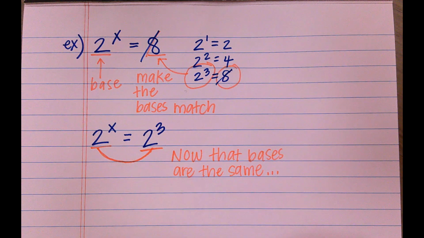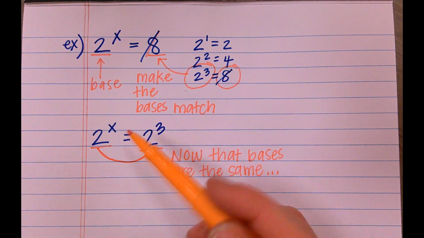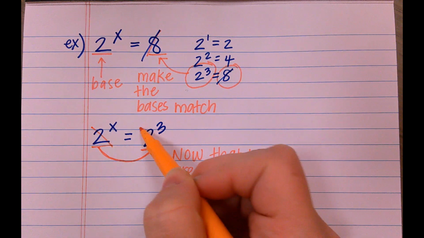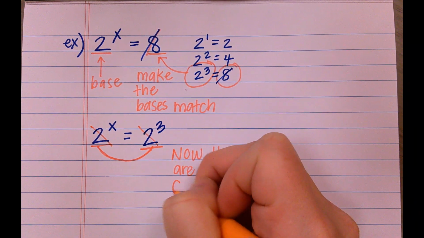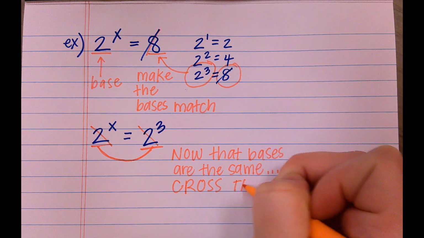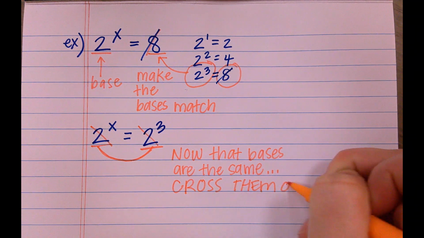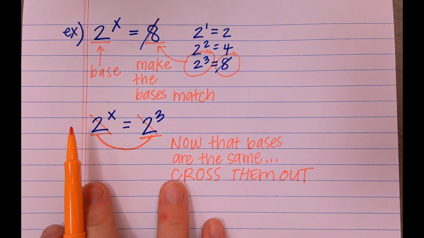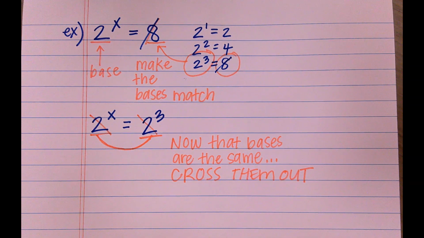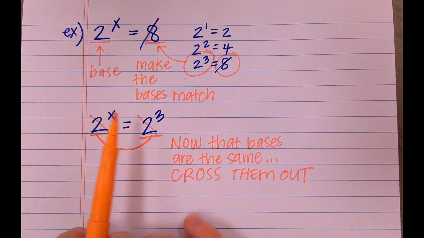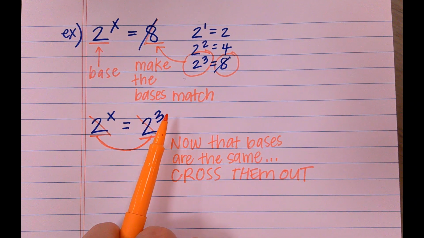We're going to ignore our bases. Now hear me out. This feels weird, but just wait and you'll see. So now that bases are the same, cross them out. And what would be left over if I get rid of my 2's? Exponents. You just have your x, your equal sign, and your 3.